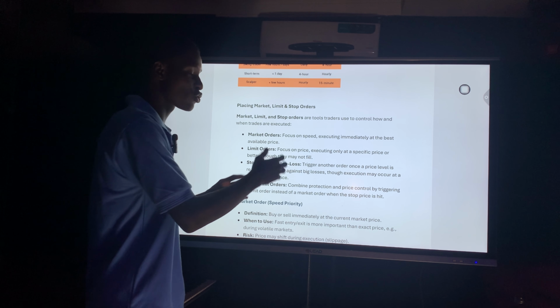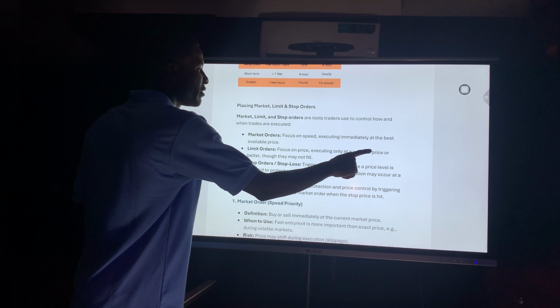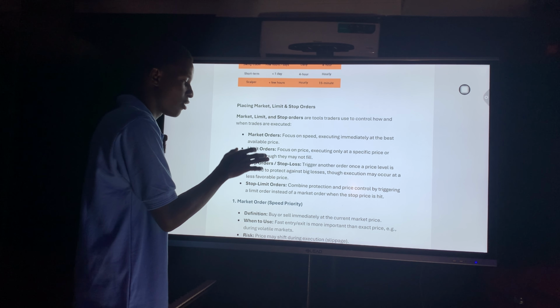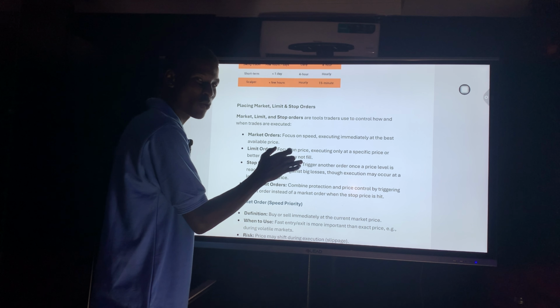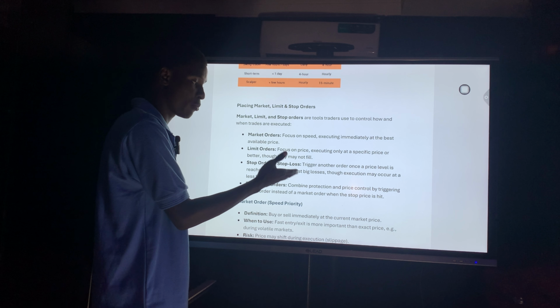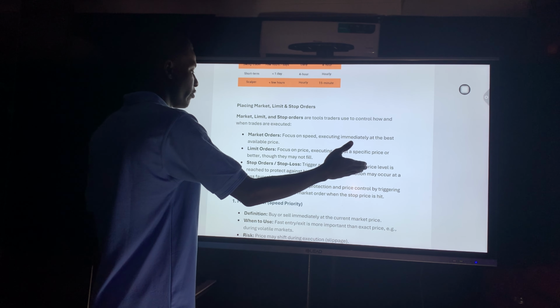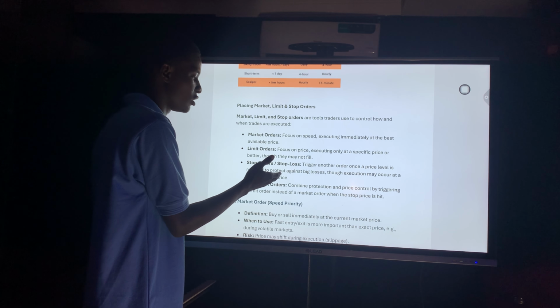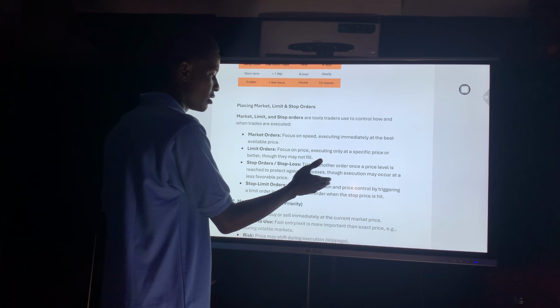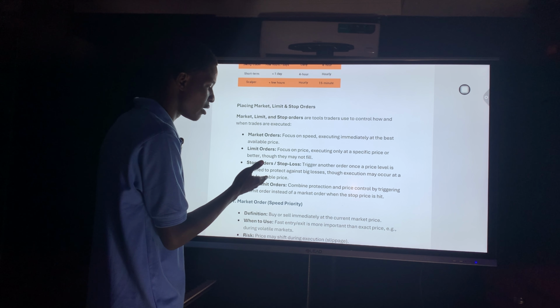Limit orders focus on price, executing only at the specific price or better, though they may not fill. Do you understand? So the stop orders, slash stop loss, trigger another order once a price level is reached to protect against big losses, though execution may occur at a less favorable price.